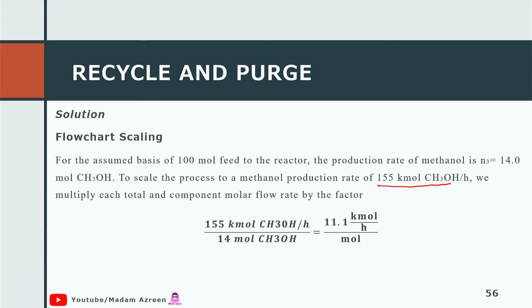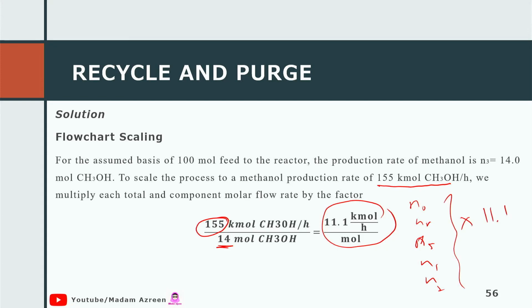That's why here it is 155 divided by 40. So for each stream, N1, Nr, N5, N2, and all the streams, have to be multiplied by 11.1 because we want to scale up.